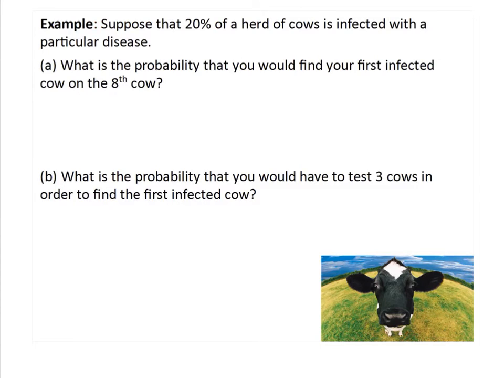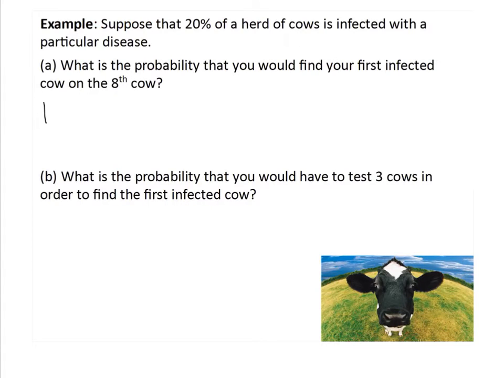So if we look at an example and apply this formula, it says, suppose that 20% of a herd of cows is infected with a particular disease. What is the probability that you would find your first infected cow on the 8th cow? Well, this is a kind of weird problem. We're talking about cows with diseases.